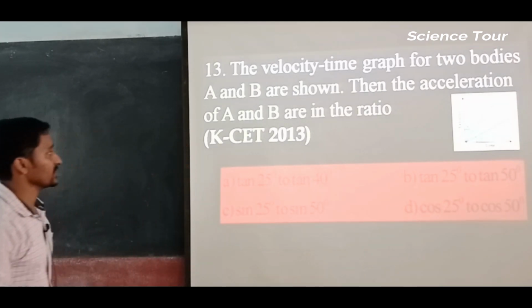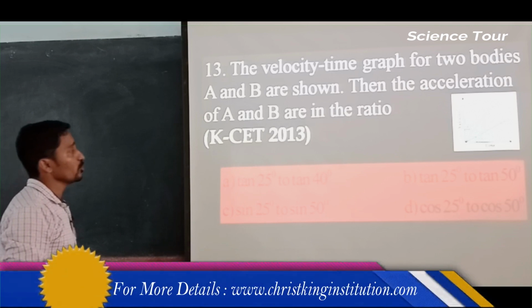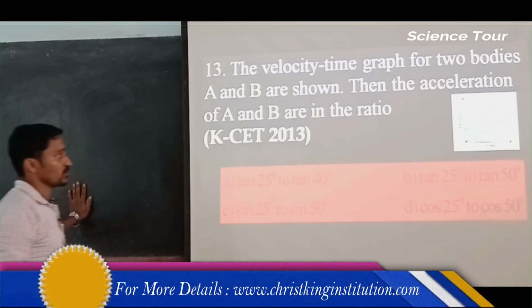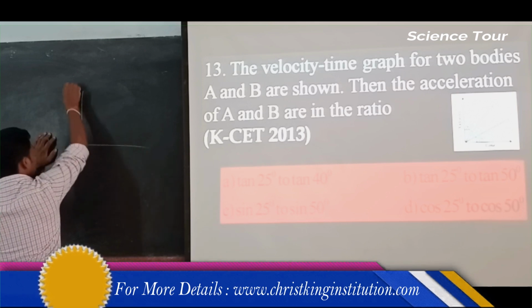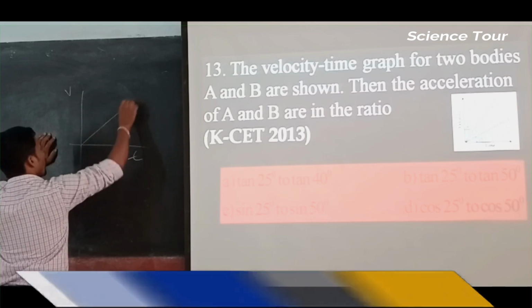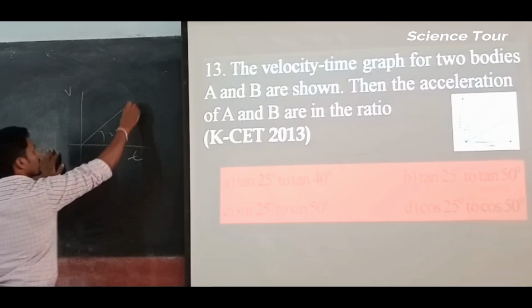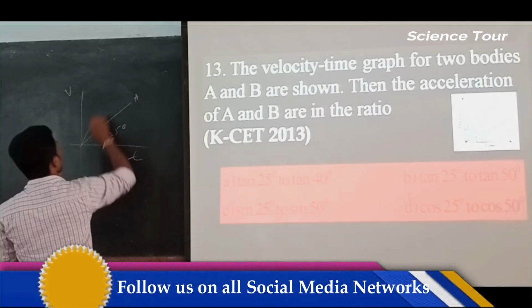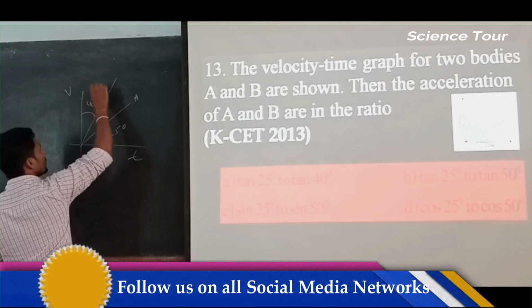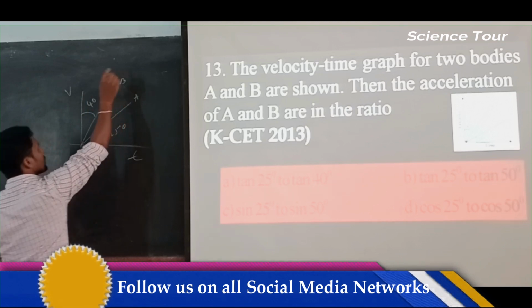The velocity time graph for two bodies A and B is shown. One is at 25 degree, that is for object A, and the other is at 40 degree from the y-axis.